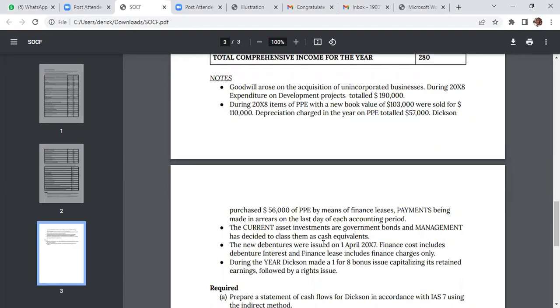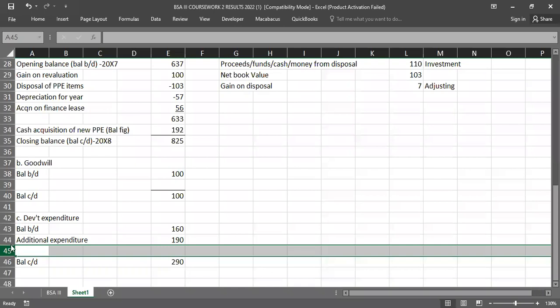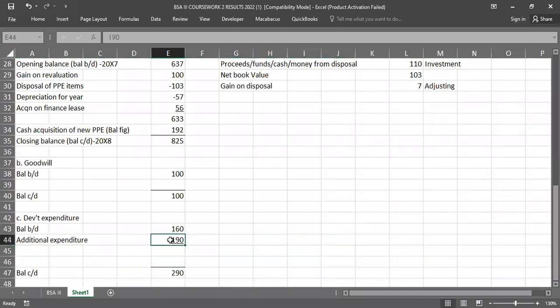When you read through, you're not seeing anything. So if there's nothing, you must close off the account. It's actually a T account, just set in a different way. So what do we do? Balance off this thing. In balancing it off, you realize that you have a total of 350, but you only have 290.